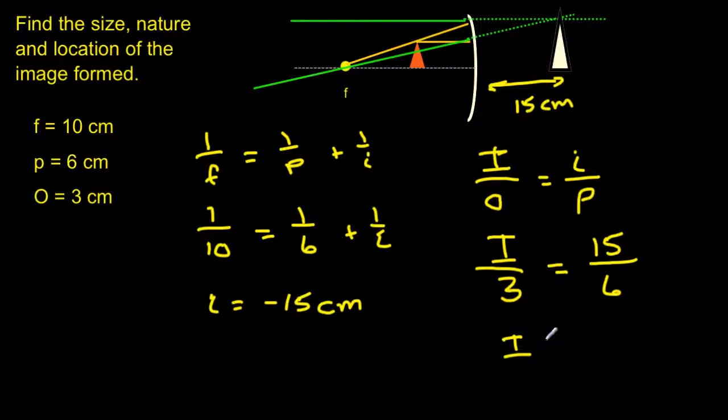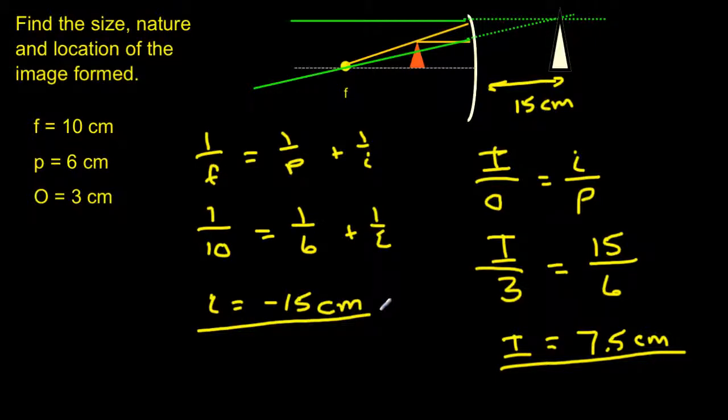Notice we don't have to worry about carrying the negative numbers through. We solve this for I, and we get 7.5 centimeters. And that's our second numerical answer. So it's 7.5 centimeters vertically high. And we're done.